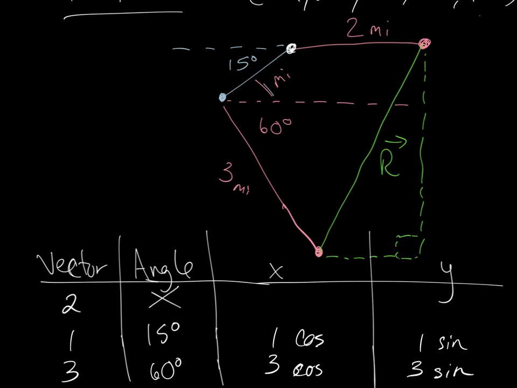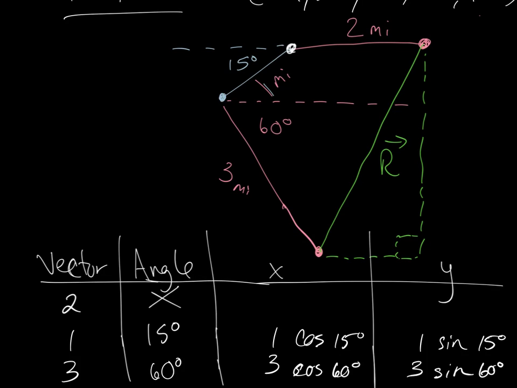So again, take the vector length, put it in front. Then you put the angles after the trig function. So this angle is 15 degrees, 15 degrees, 60 degrees, 60 degrees. So I'm literally just using this table to organize my data so far. Cosines are always going to be here, sines are always going to be here.